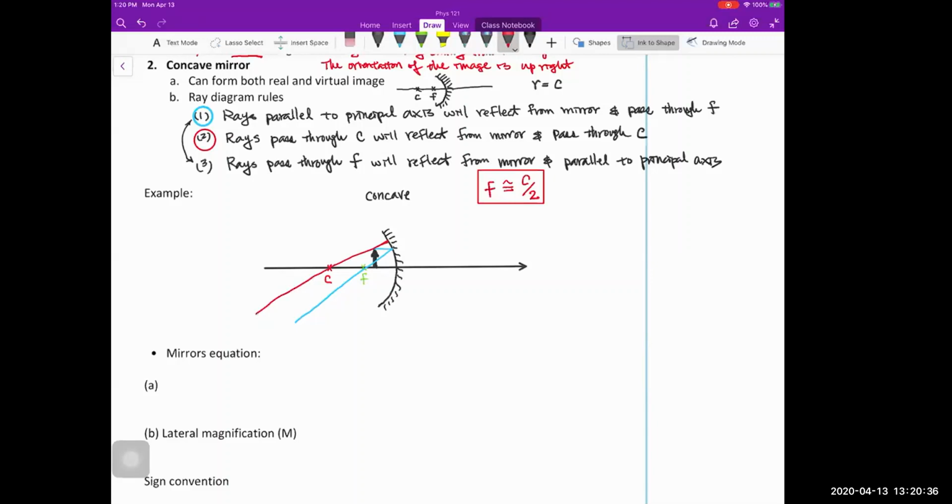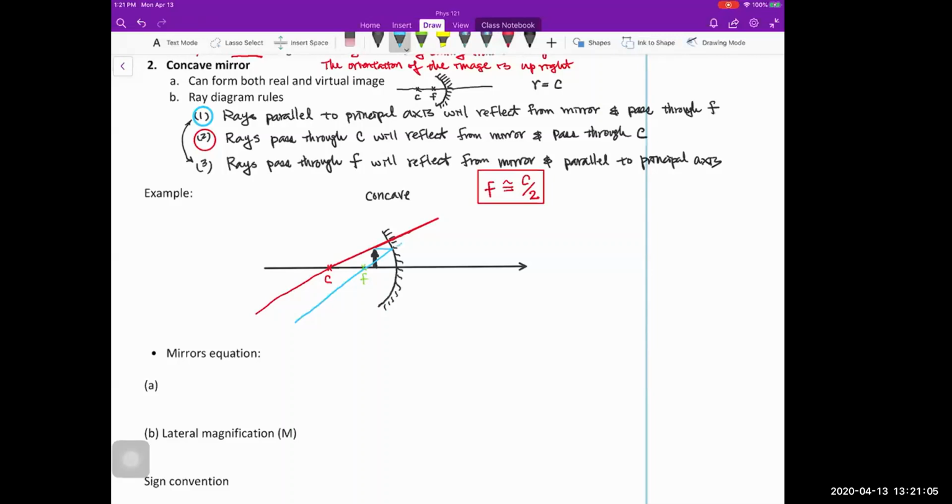Now, if you look at these 2 lines on the left-hand side, on the object side, they are going to diverge. There's no way they will intersect in that direction. The only way they can intersect is on the back of the mirror. So you are going to extend this such that you can make an intersection.